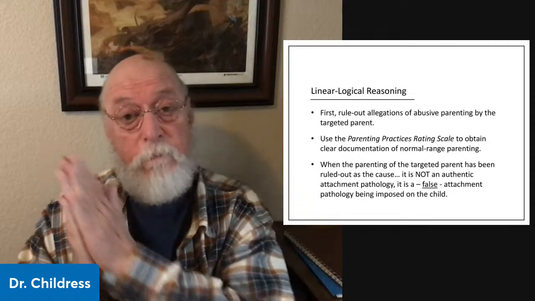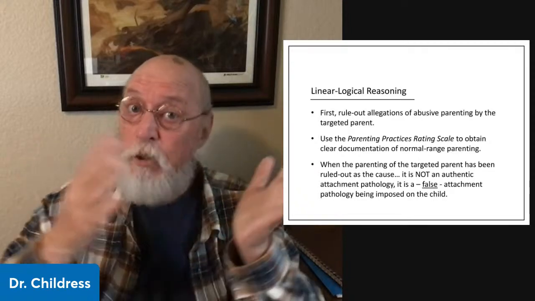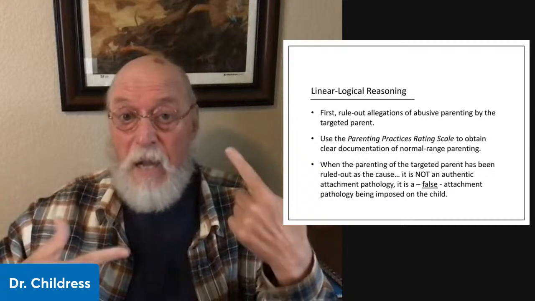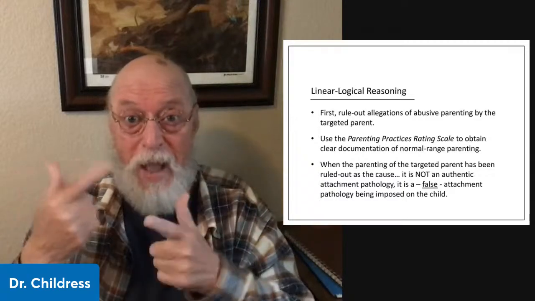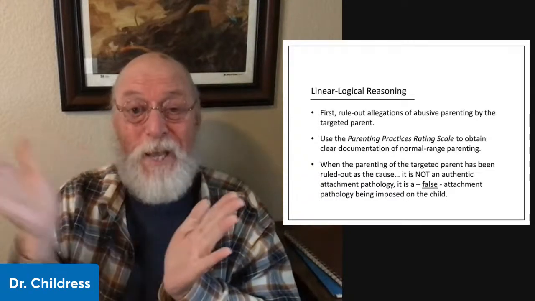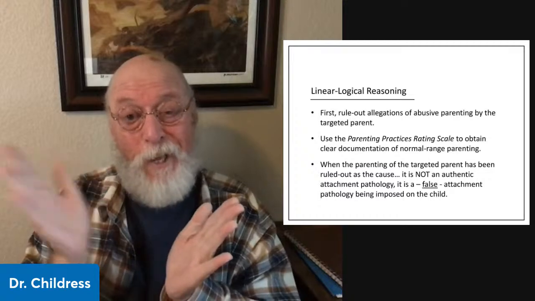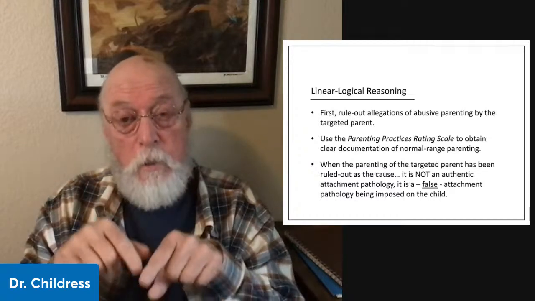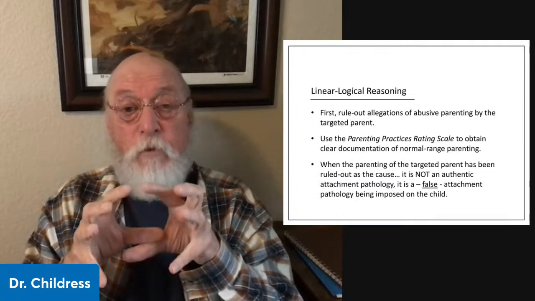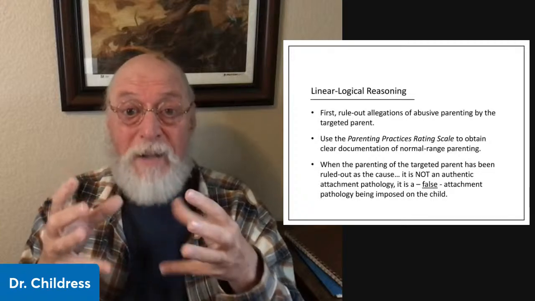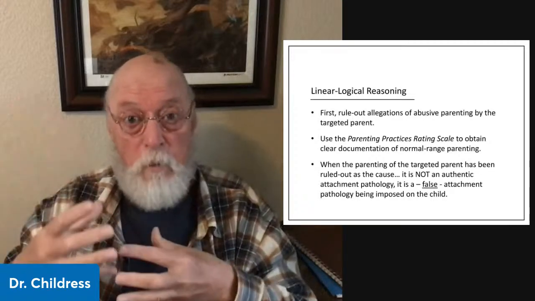Your child seeking to flee a normal range parent, that's not authentic. That's not how the attachment system works. Children don't flee normal range parents. They flee abusive parents. So it's a symptom display as if you're abusive, and you're not. It's a false symptom display.